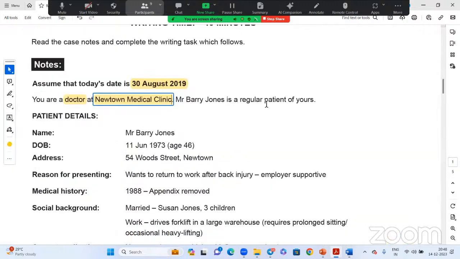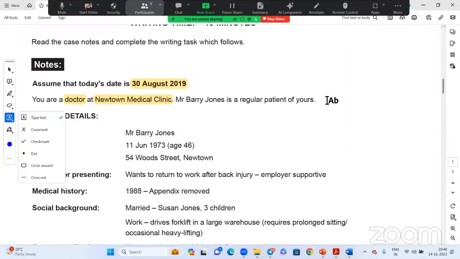Mr. Barry Jones is a regular patient of yours. That means he's a known patient. Remember that. He is your patient, the patient's GP, the patient's doctor. So your regular patient means you are his regular doctor.